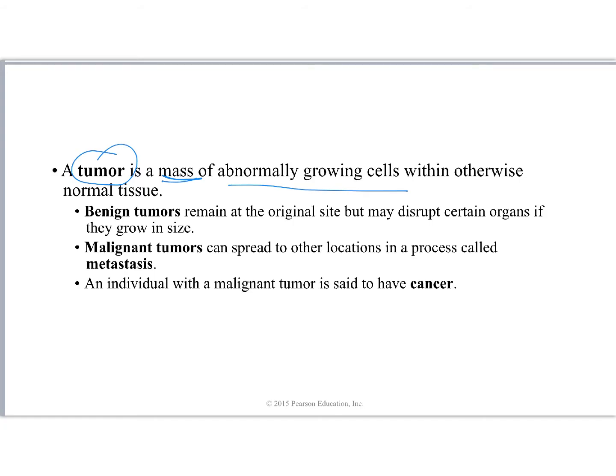But not all tumors are the same. Some tumors don't really cause a problem. They aren't great, they are abnormal, but they actually just kind of stay there. And in some cases they may grow and bug the organs around it and change their ability to function normally. But for the most part, they are not considered cancerous.